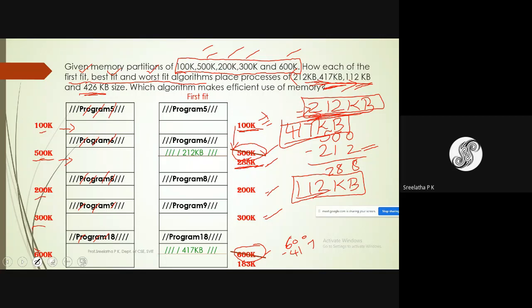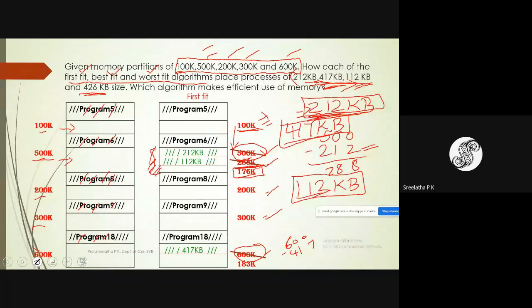So 112 KB is placed here, and 288 minus 112 is 176. So 176 is the space remaining now in this particular hole, which was there earlier.